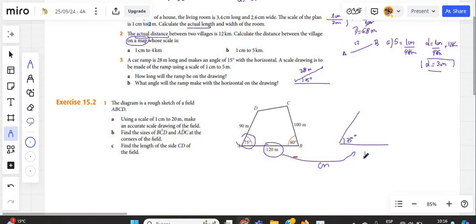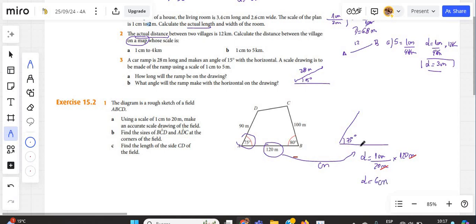Let's convert it. Let's say the distance on the map is 1 centimeter to 20 meters. Multiply the distance on the map by the real line, 120 meters. You will simplify the units, meters, and the distance on the map will be 6 centimeters.